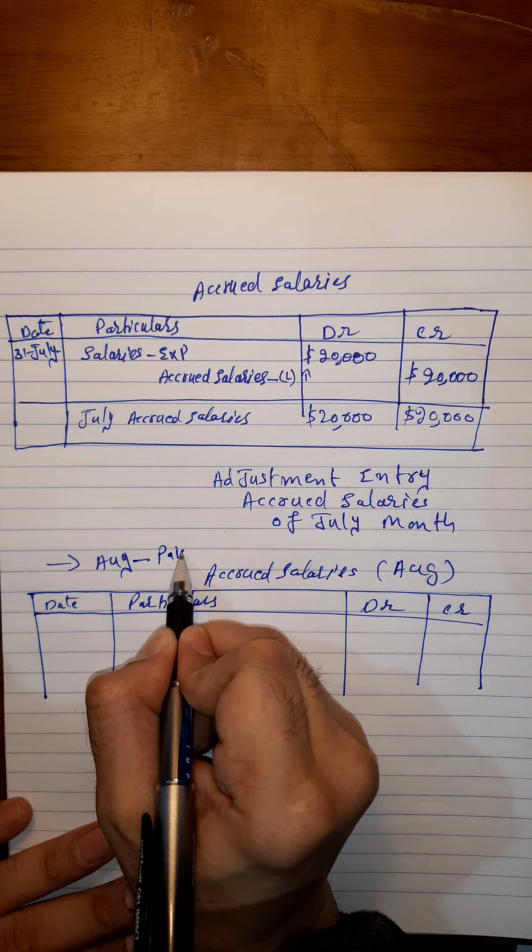Salary is an expense, but up to 31st July the company has not paid. The company will pay the salary in August. So therefore it becomes our liability. Is it clear? Salary is our expense, but the company did not pay in July.